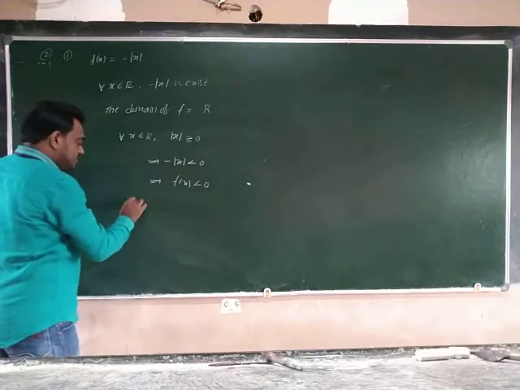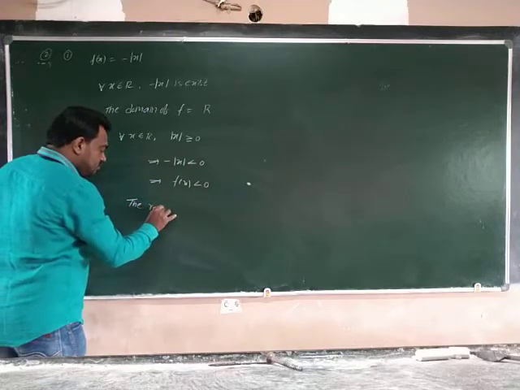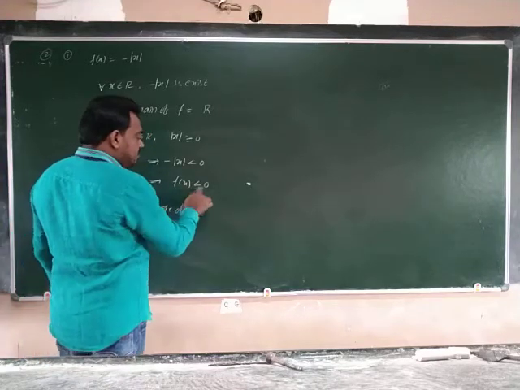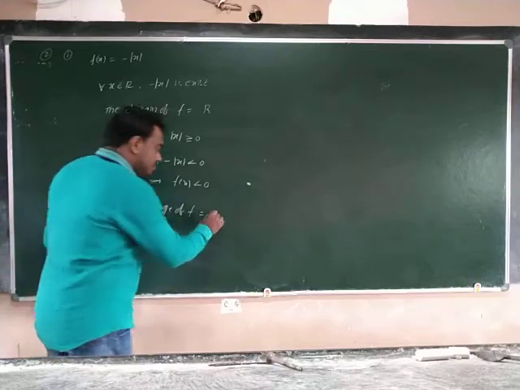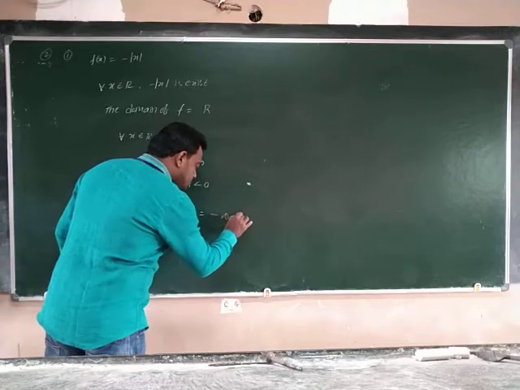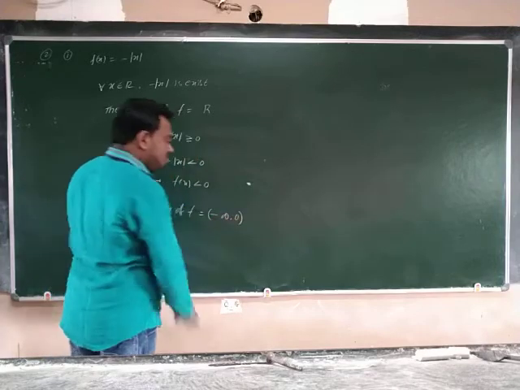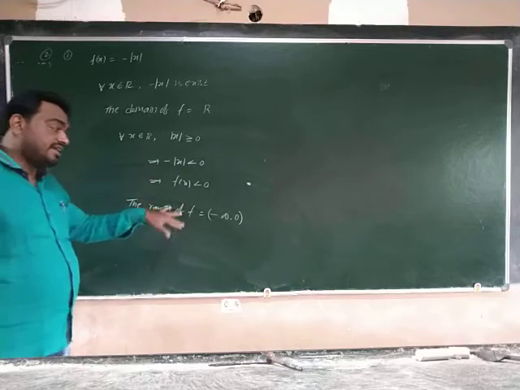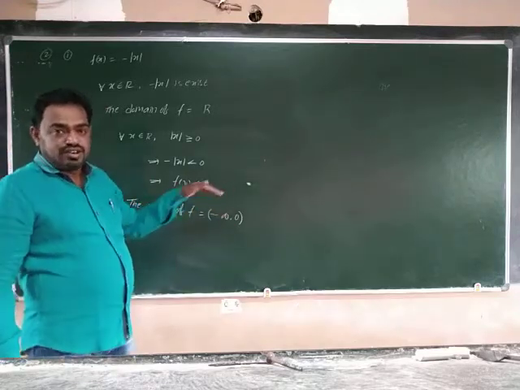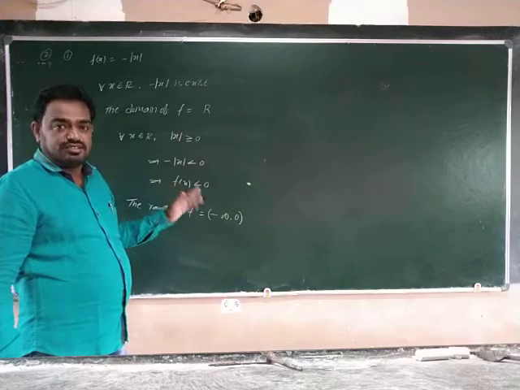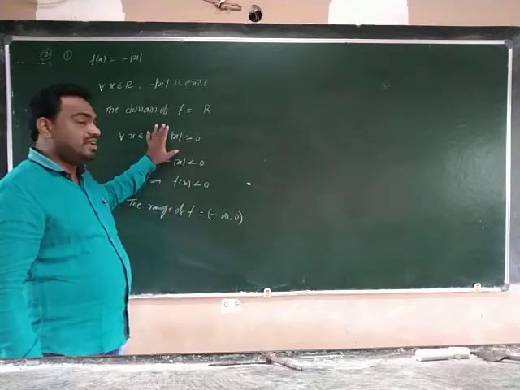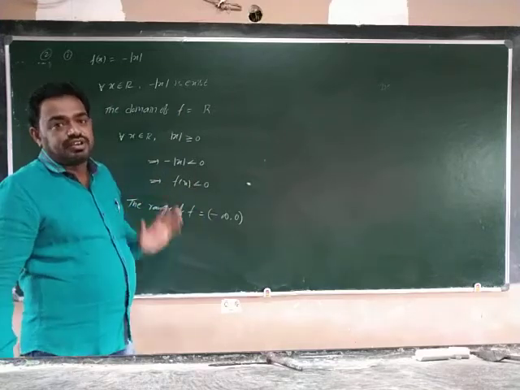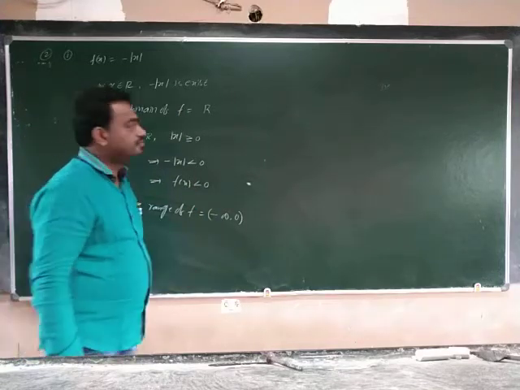That means the range of f is less than or equal to 0, that is, minus infinity to 0. Otherwise, R minus, negative real numbers. That is the range. Understood? What is the domain? All the real numbers. What is the range? Negative real numbers. This is the range, right?